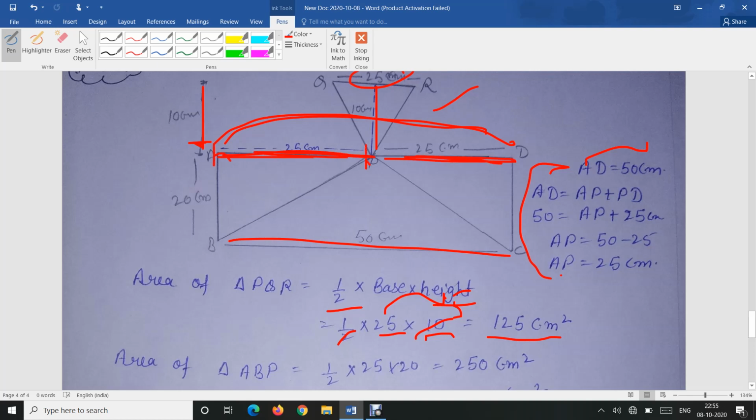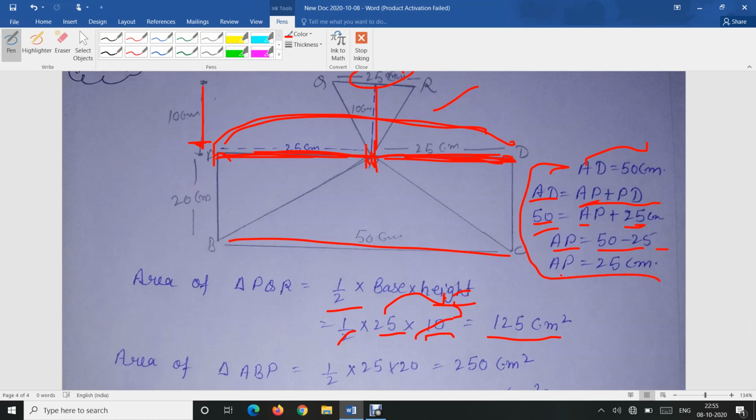AD is given 50 centimeter, AP is not given, and PD is given 25 centimeter. So AP is equal to 50 minus 25, and AP is equal to 25 centimeter.